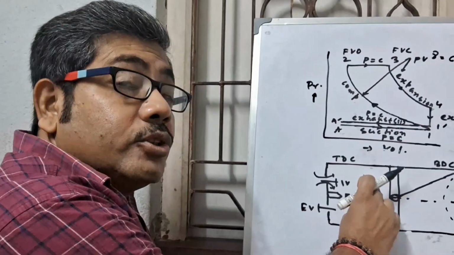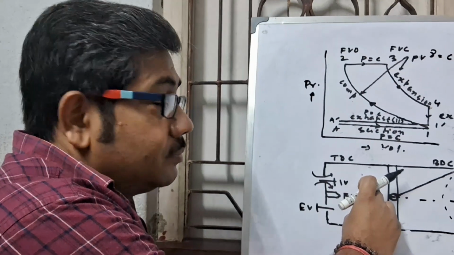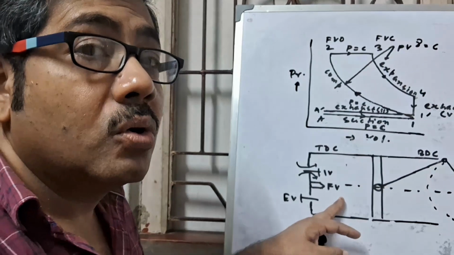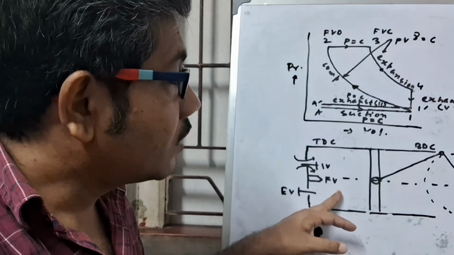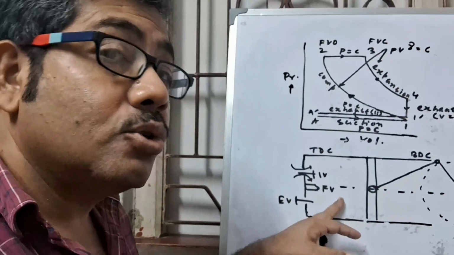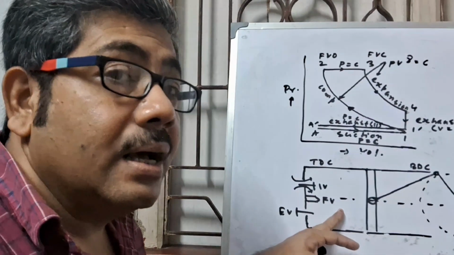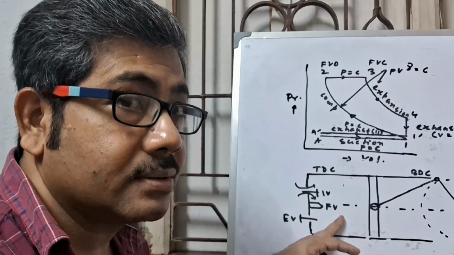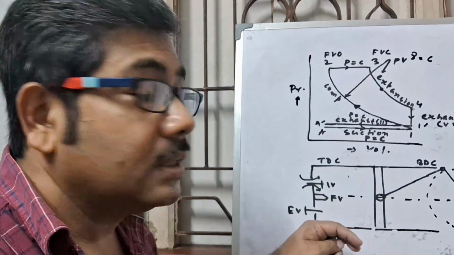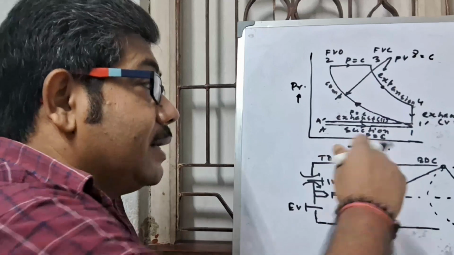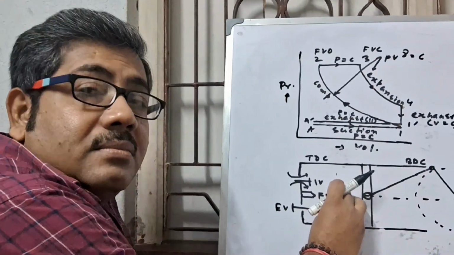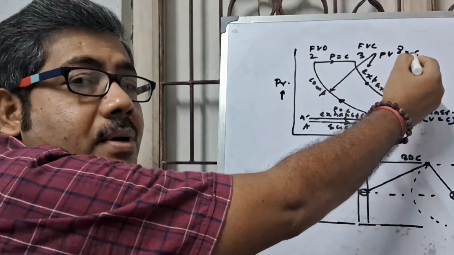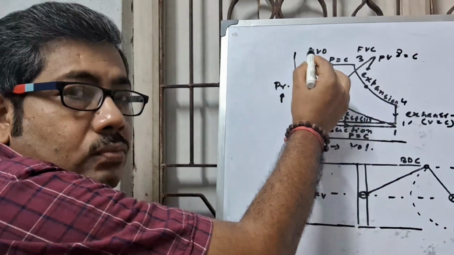So an isolated system is created, and as air is compressed, heat is generated, and as there is no heat transfer, a reversible adiabatic process, that means an isentropic process, takes place. That means compression is done in an isentropic process. This is PV to the power gamma equal to C, 1 to 2.